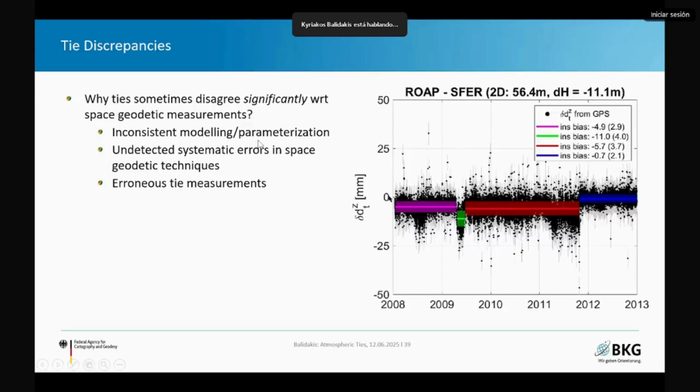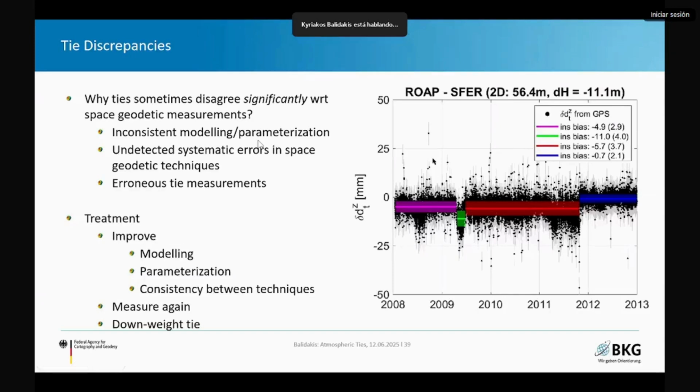So if there was an agreement between the geodetic measurements and the weather model, there should be just some noise around zero. But this is not the case. What you see here is that there are biases, and these biases vary as a function of time. So this pair is something that should be revisited.